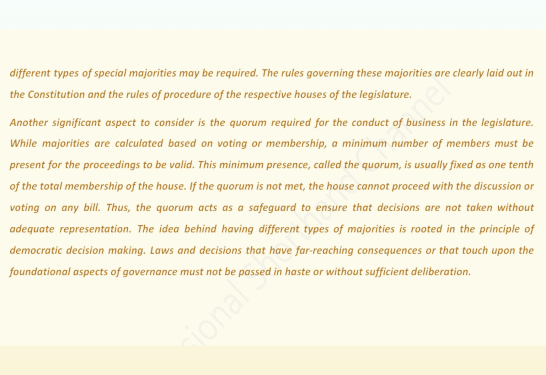This minimum presence, called the quorum, is usually fixed as 1/10 of the total membership of the House. If the quorum is not met, the House cannot proceed with the discussion or voting on any bill. Thus, the quorum acts as a safeguard to ensure that decisions are not taken without adequate representation.